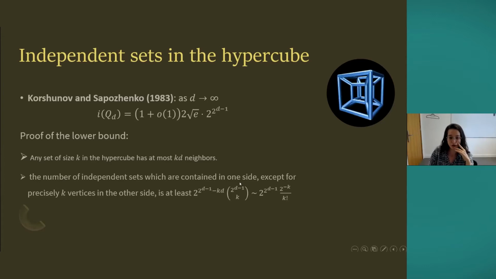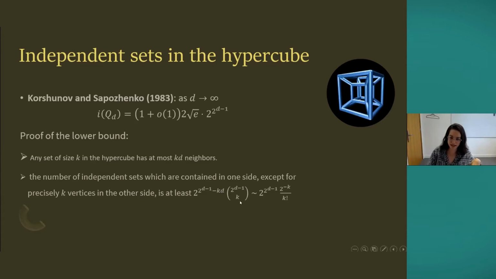Therefore, how many independent sets will we have whose small side of k vertices is on the even side, for example? We need to choose these k vertices, and then choose whatever subset we want from the other side. We need to be careful not to take the forbidden kd vertices.